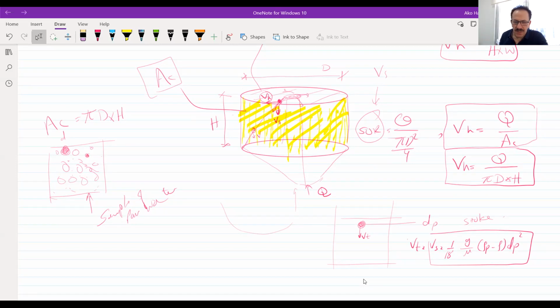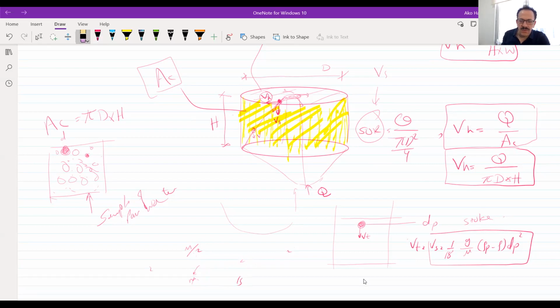Now, we know that g is meter per second squared, divided by mu, which can be measured as kilogram per meter per second, and rho can be kilogram per meter cubed, and the particle diameter will be in meter squared. So meter will cancel with meter, kilogram with kilogram, and second with second. So the units of this velocity will be meter per second. So it's okay.